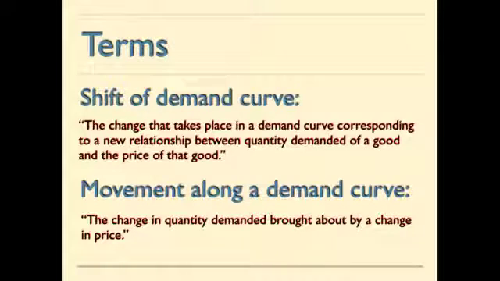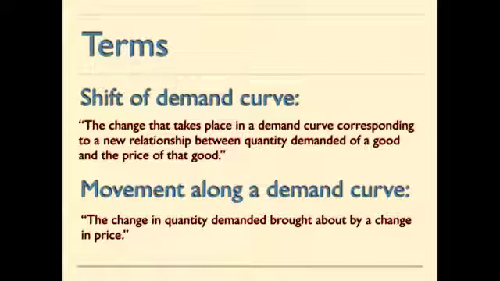The demand curve physically changes its location, as opposed to a movement along the demand curve, which is the change in quantity demanded brought about by a change in the price, in particular, a change in the price of the product that we're talking about.